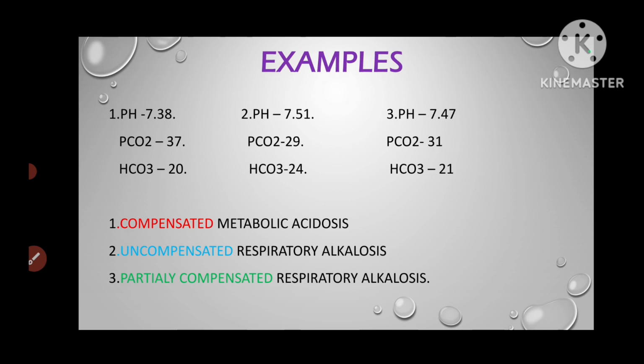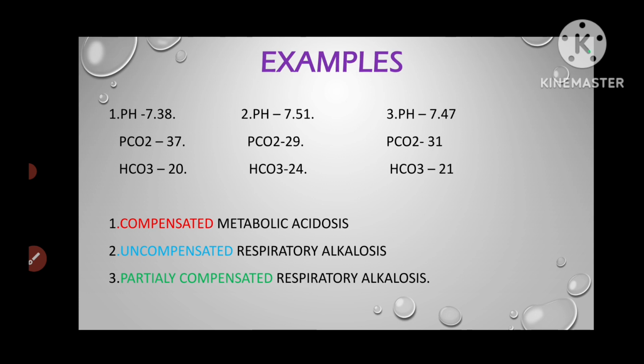We will go through the steps. First thing is the pH value is 7.38. In previous cases, the pH value was either above 7.45 or below 7.35. But in this case, 7.38 is a normal value, yet here it is mentioned metabolic acidosis. I'll tell you how we find it.